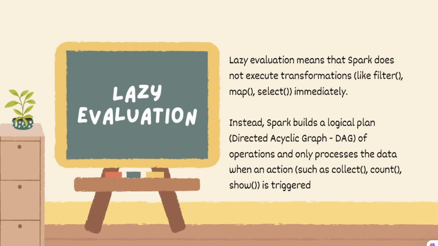The DAG contains all the steps Spark needs to perform, but none are executed until an action like collect, count, or show is called. Think of it like writing a recipe. You can write all the steps in order, like chop onions, boil the rice, fry the vegetables. But the actual cooking only starts when you are ready to eat. Spark behaves the same way.